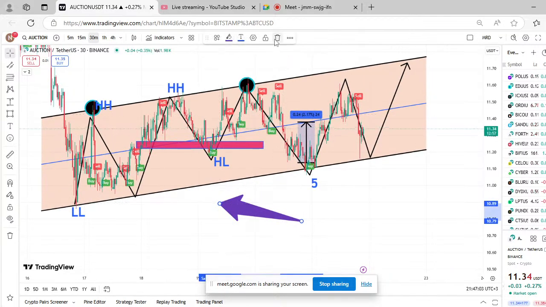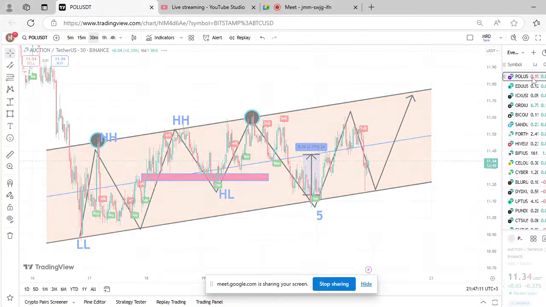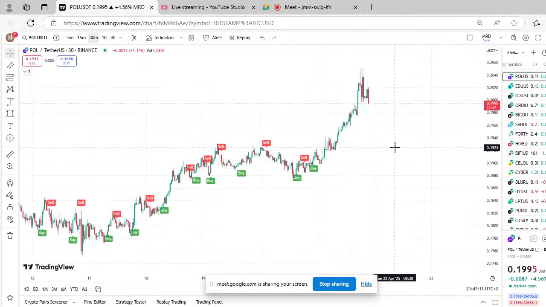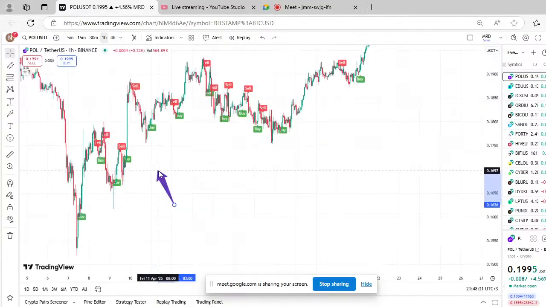Let's go to another coin, and we call it a night. Let's do another analysis here together. Let me check how this looks. This is 30 minutes. I don't want 30 minutes. It is the resistances and the supports, drawing lines.